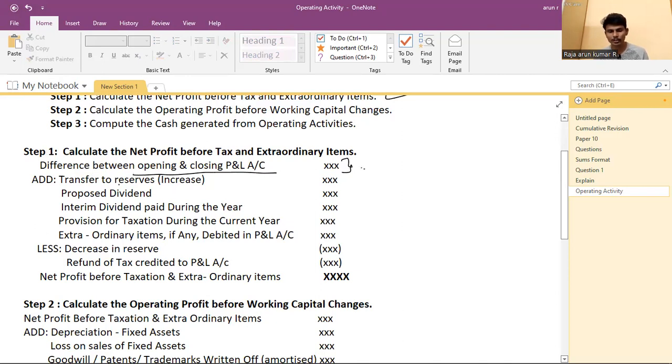For example, if opening is 10 lakh and the closing balance is 25 lakh, they given means the difference is 15 lakh. Okay, the difference between the opening and closing will be applied as net profit as a first step.